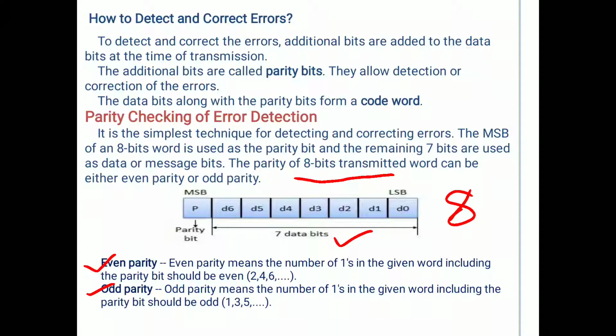If an even number of ones are there, then that parity is called even parity. Odd parity means an odd number of ones in the given code word. So this is the code word of 8 bits. In those 8 bits, the number of ones including the parity bit should be odd, either 1, 3, 5 or so on. Like that, if an odd number of ones are there, then that parity is called odd parity.